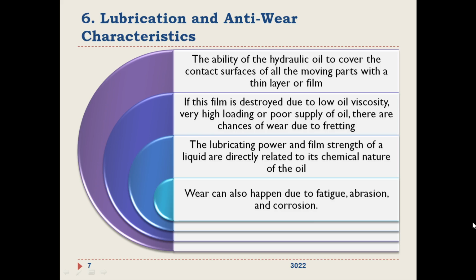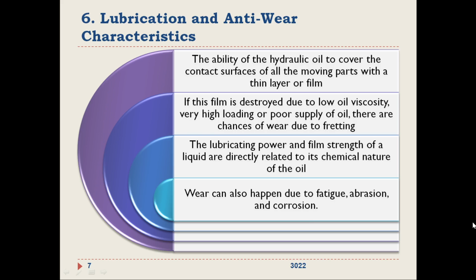Now the next property is the lubrication and anti-wear characteristics. What is lubrication? The movement of the interconnected parts should be smooth without any friction or wear. It is the ability of the hydraulic oil to cover the contact surfaces.